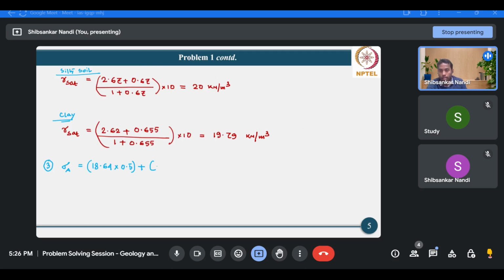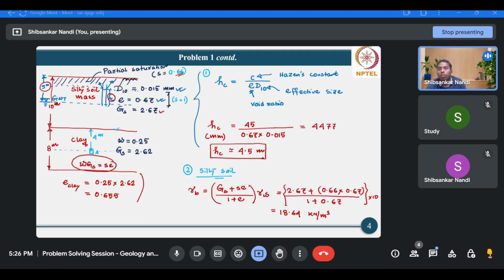As a whole, 4.5 plus 5, so first let me write the unit weight: 20 multiplied by 4.5 plus 5. This is up to the base of the silty soil mass.